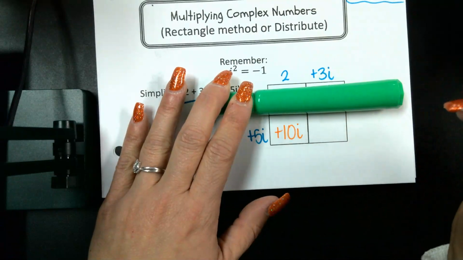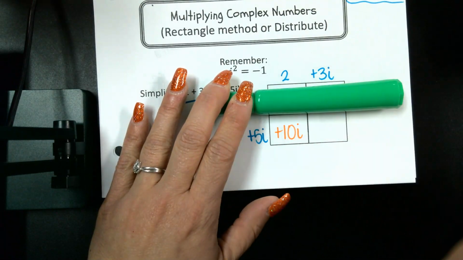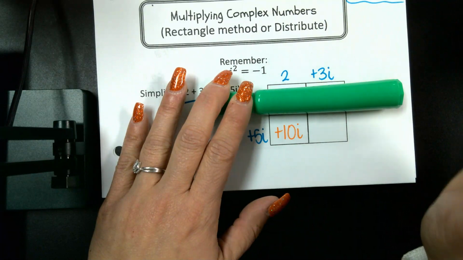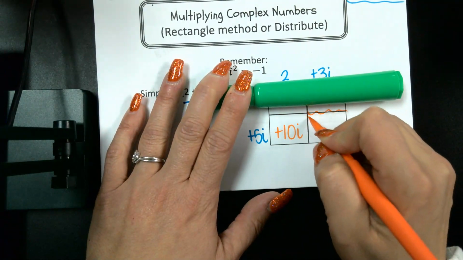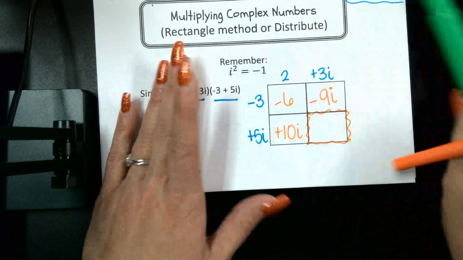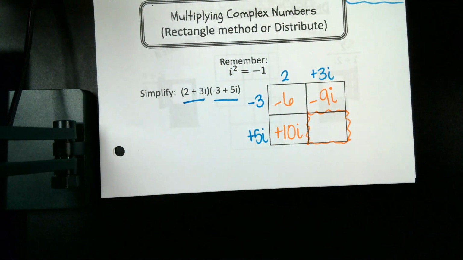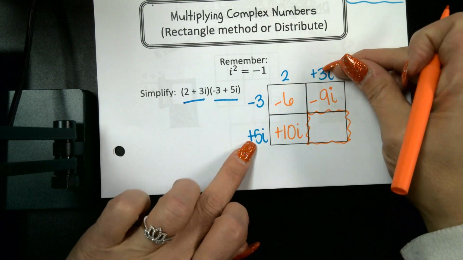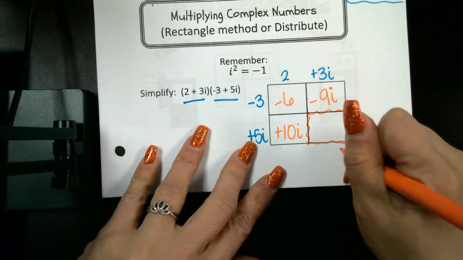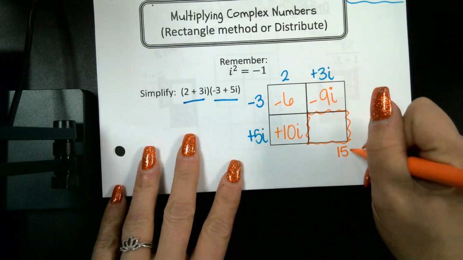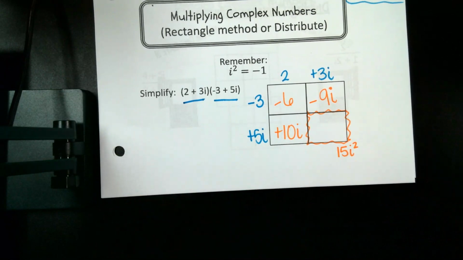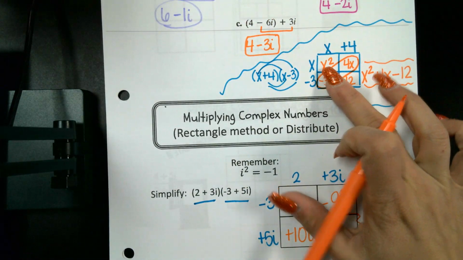Okay, now watch. Watch me do it before you write anything down. This corner. This is the special corner. So what we would normally do is we would take 5 times 3, which is 15. Okay? If I have i times i, that's i squared. But back in Algebra 1, it was x squared, and we didn't know what x squared was equal to.